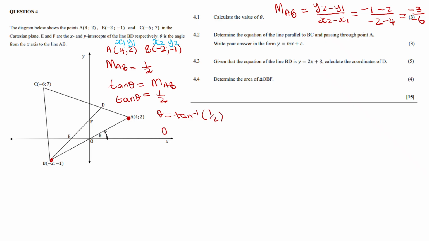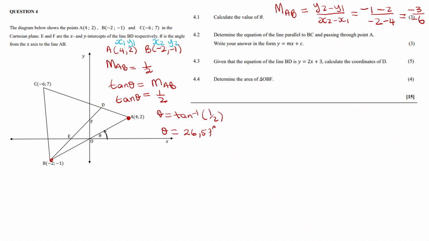Then you punch that on the calculator, and you'll have your angle theta. So the tan inverse of 1 over 2. Let me also put this on my calculator. Let's see what we get. Okay, so the tan inverse of 1 over 2 is equal to 26.57 degrees.